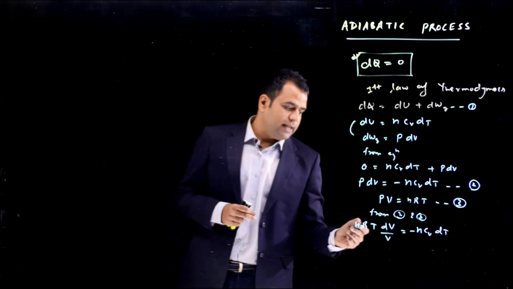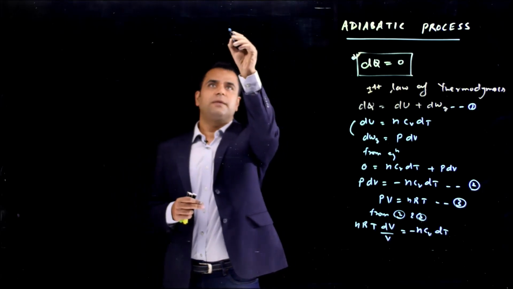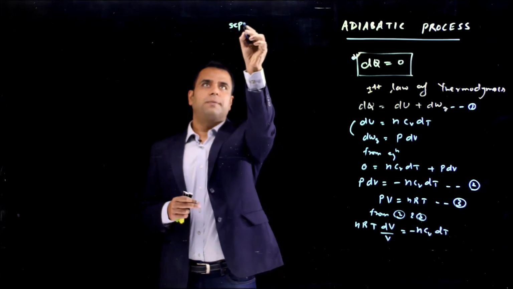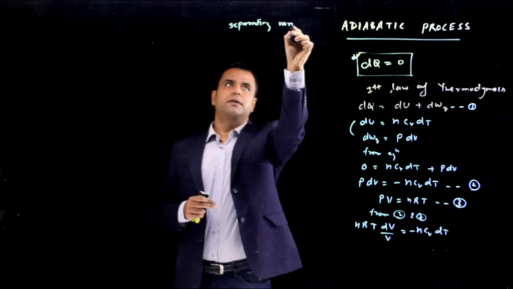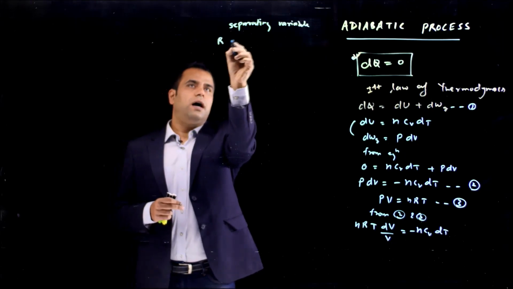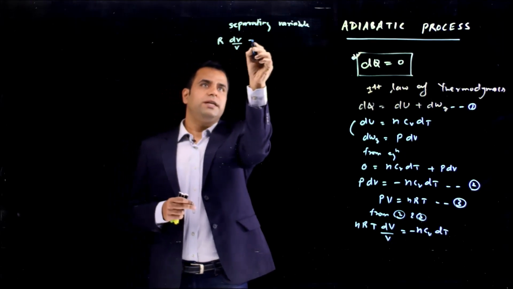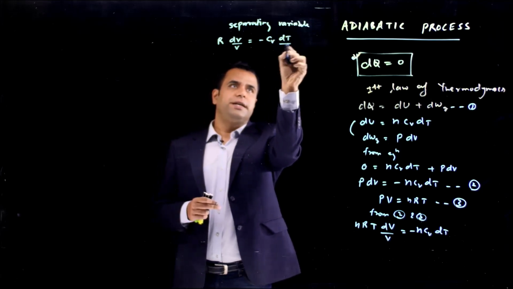Here we can cancel this n and n. Along with that, if we separate the variables, upon separating the variables, we'll have r dv upon v is equal to minus of cv dt upon t.